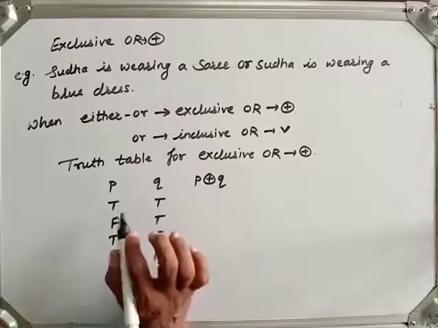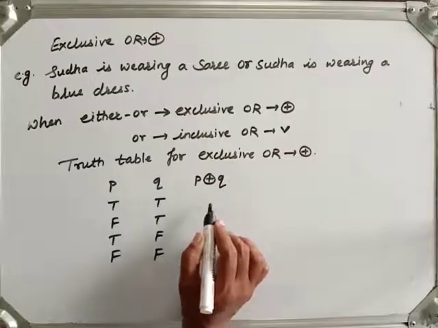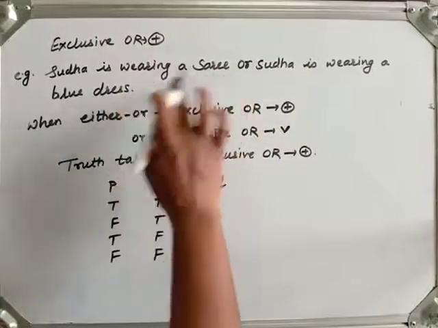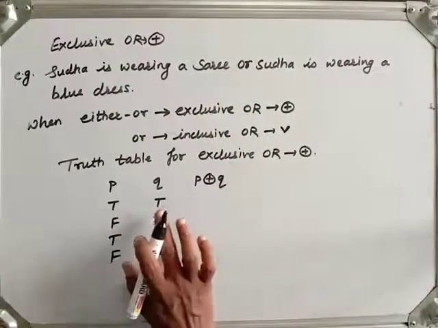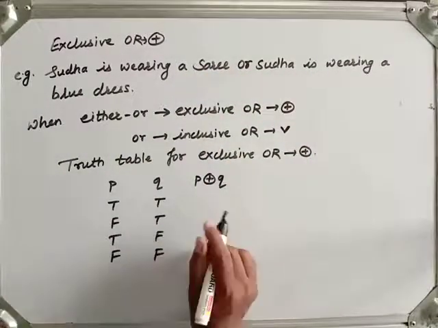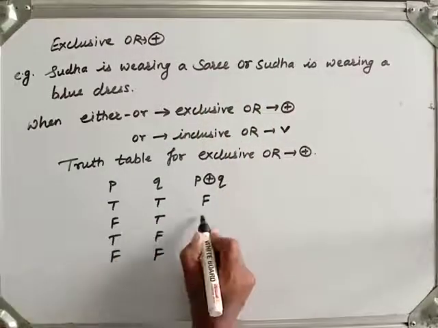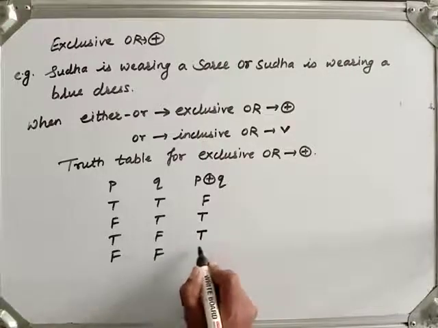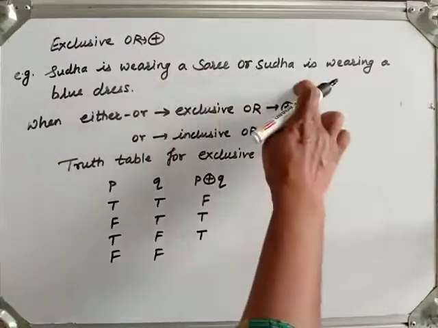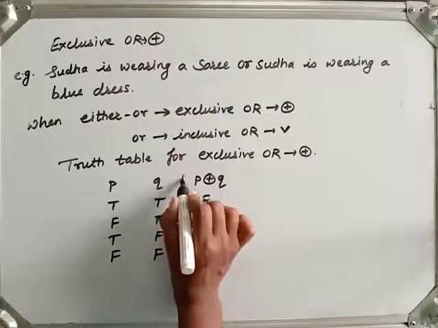In exclusive OR, if both are true, then it is false, because Sudha wearing a sari and Sudha wearing a blue dress are not possible at the same time. So if this is true and this one is also true, then exclusive OR gives false, as this is not possible. But if only one of them is true, then it is true. And if the first statement is false and the second is also false, then it is also false. Okay, this is the truth table for exclusive OR.